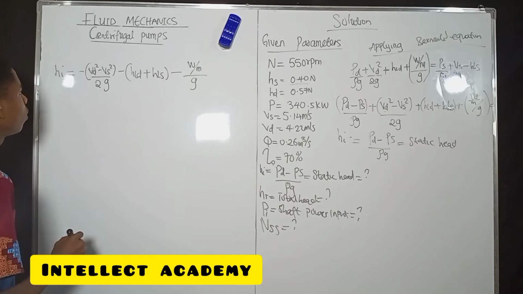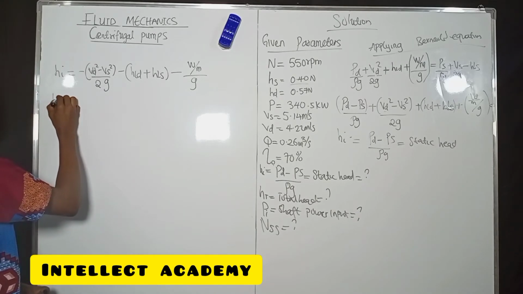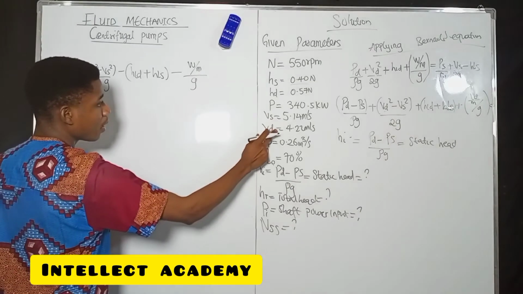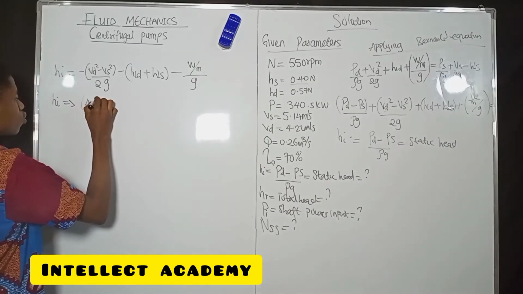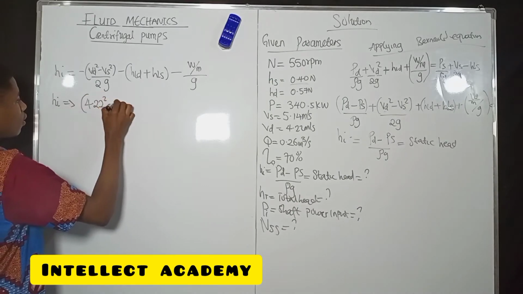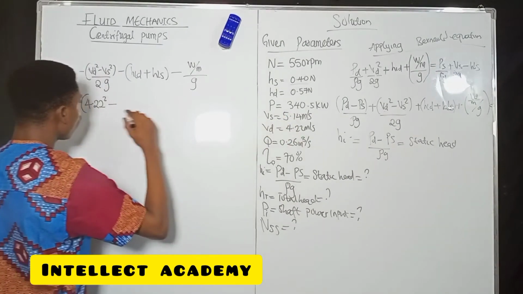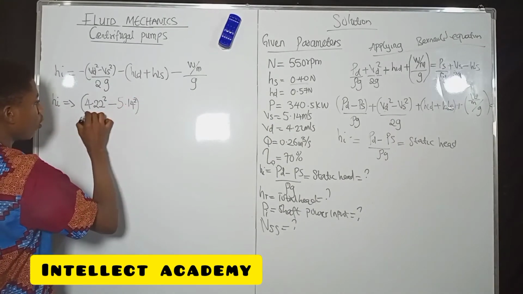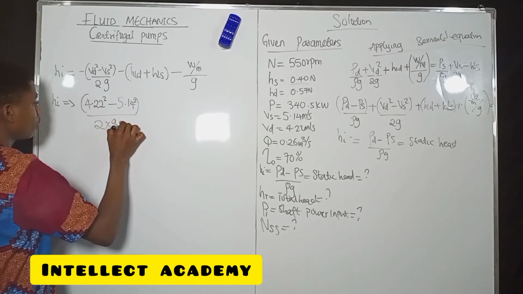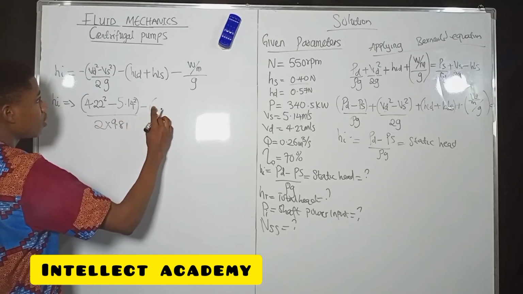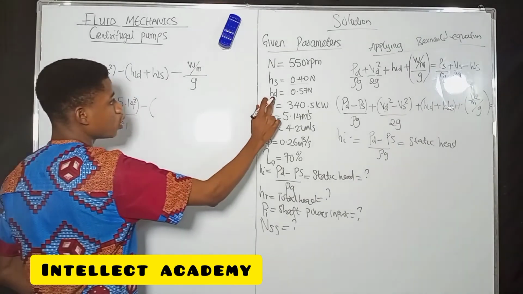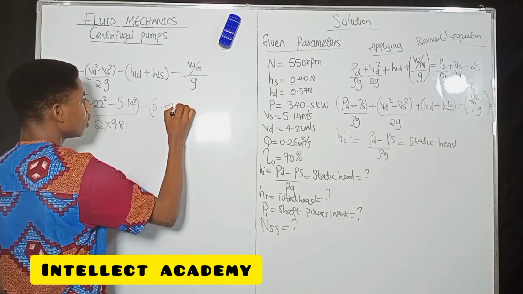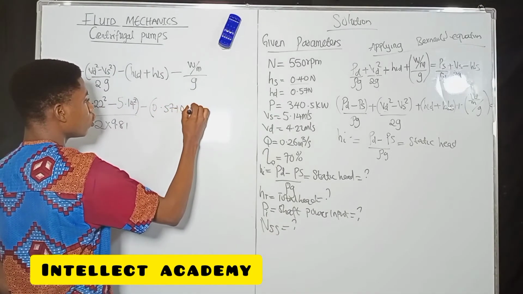Now what we're going to do is compute our values. For VD, we know that VD is given by 4.22 square, negative VS, which is 5.14 square, over 2 multiplied by 9.81. This is all negative. HLD, which we have here, is 0.57 plus 0.40.